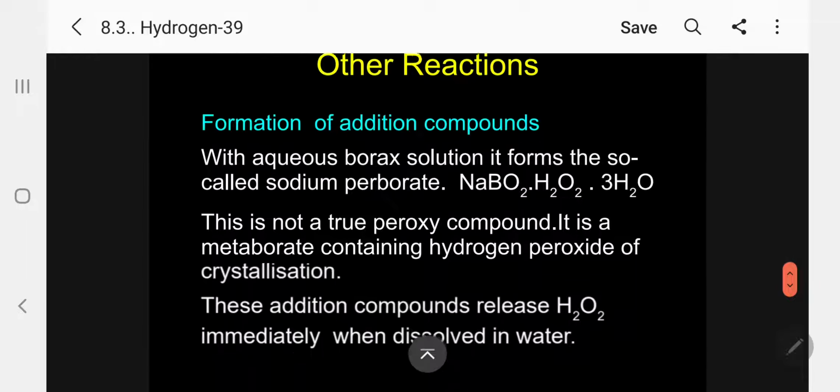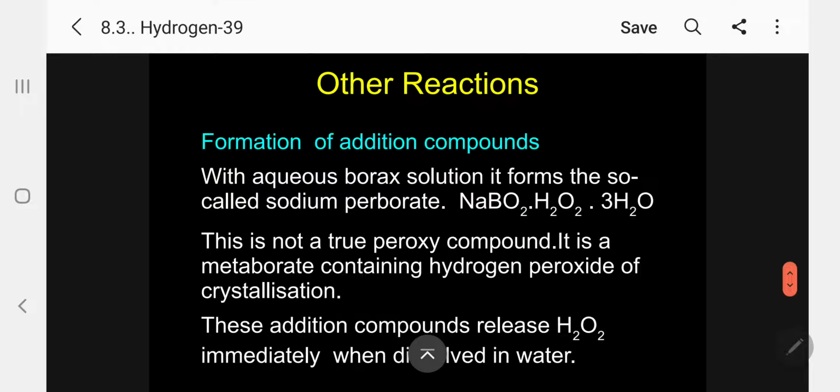Other important reactions under hydrogen peroxide, formation of addition compound. With aqueous borax solution, this is borax, sodium metaborate. So borax solution forms the so-called sodium perborate, NaBO2.H2O2.3H2O.